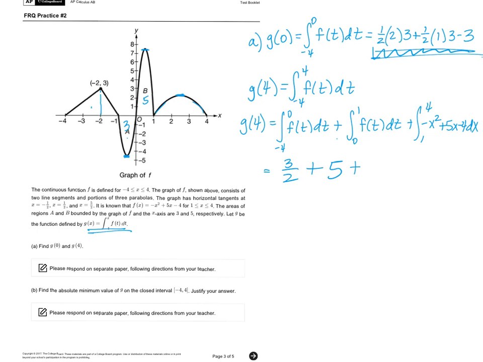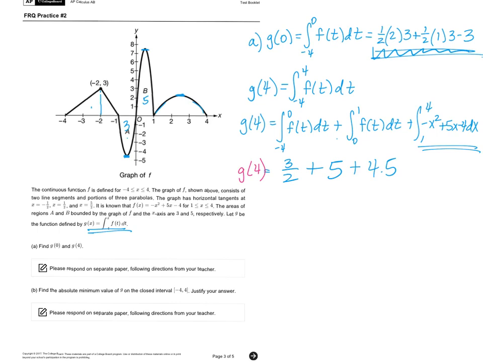This was intended to be a non-calculator problem, so you would have to take the antiderivative by hand and evaluate. By no means would you do that because you're going to have a calculator and you're going to plug that in. What equals 4.5. Again, I'd leave it like that. There's no need to simplify, certainly if this is my last one. And so there's my answer. So g of 4 would be equal to that.